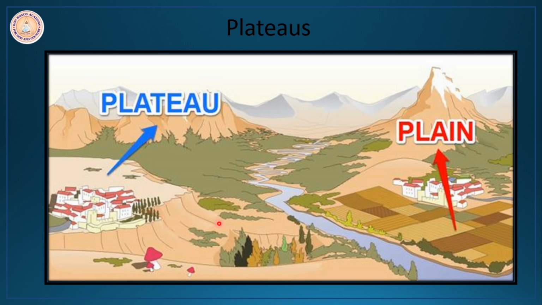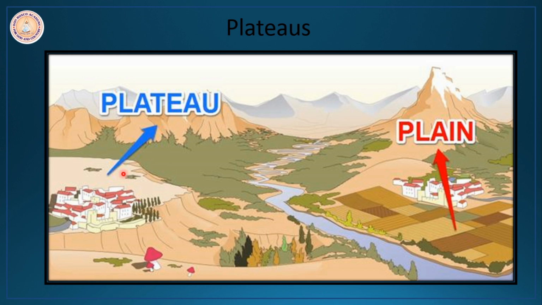It is not smooth, you can see it. It is falling abruptly to the lower land which is surrounding it. It is often called a tableland. You can see it. It's more or less like a flat top table.